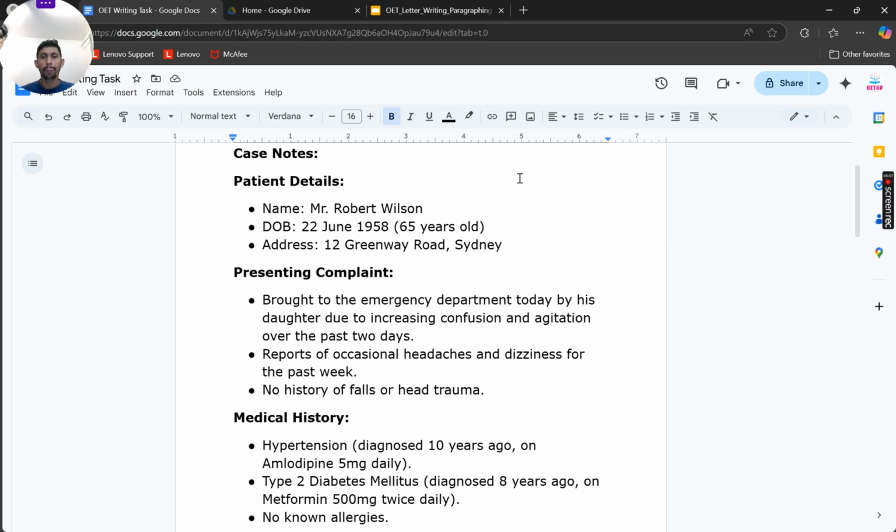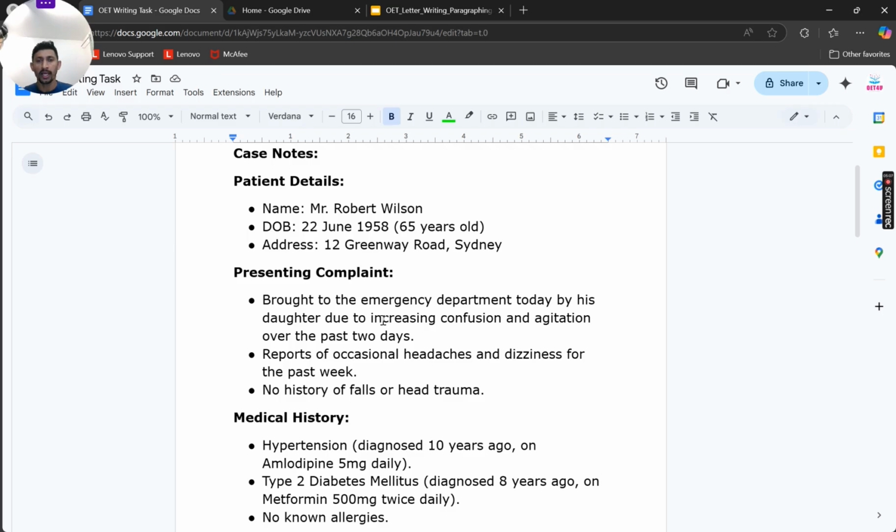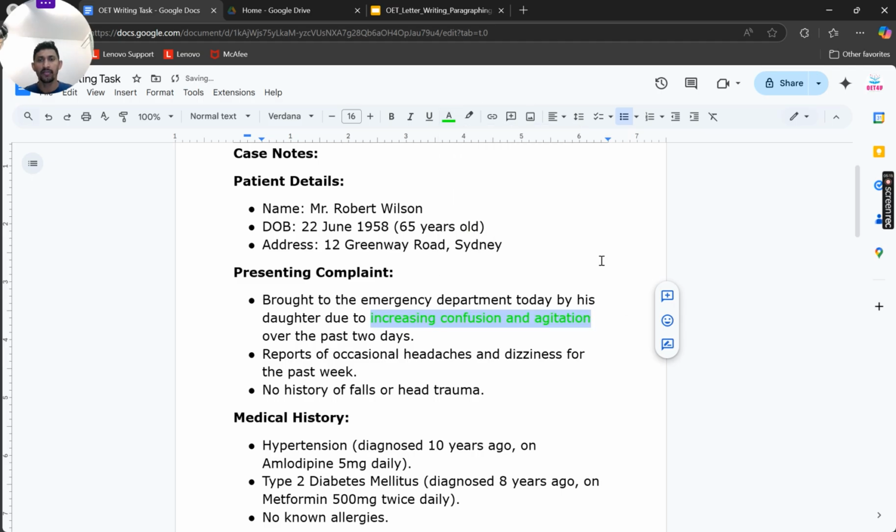From this sentence, you can find out the presenting complaint, and then you can relate all the information to this presenting complaint and check whether it is relevant, irrelevant or semi-relevant. The next sentence: reports occasional headaches and dizziness for the past week.